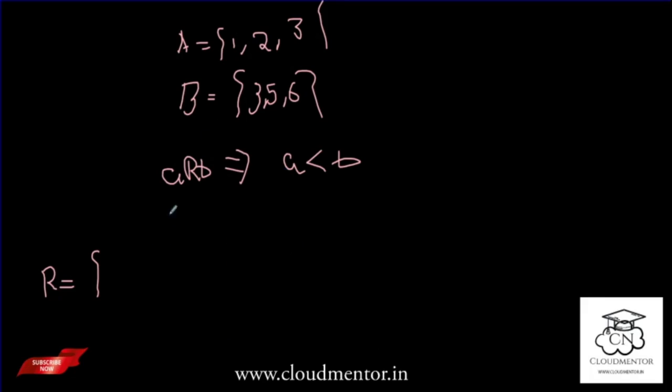Okay, so the relation R, probably you will think that we can write the ordered pair (1, 3). But we can't do that because the 3 is an element of both A and B, so we must remove that.